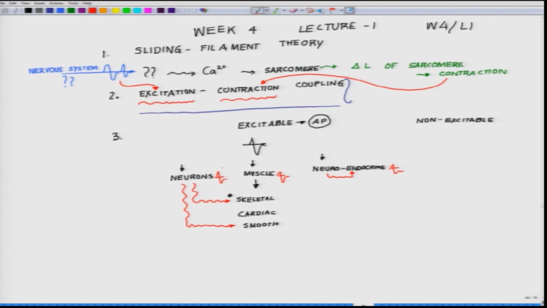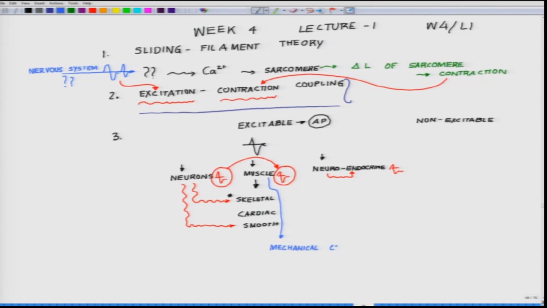So, how does the action potential of a neuron interact or crosstalk with the action potential, the electrical activity, of the muscle? Because mind it, muscle has another additional task. All these muscles have another additional task, that is mechanical motion or mechanical contraction.